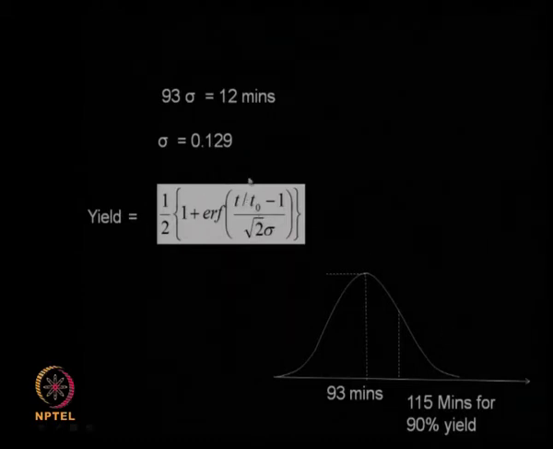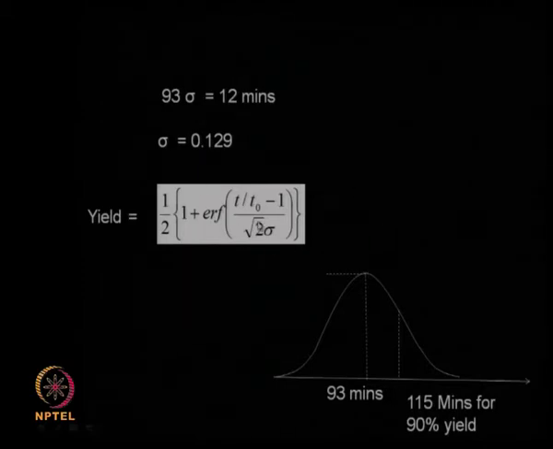So by doing this, and how do I calculate the error function? If you remember, I showed you a table where given an x, I can tell you what is the error function of x. Okay, so if I keep collecting up to 115 minutes, my yield will be 90%.